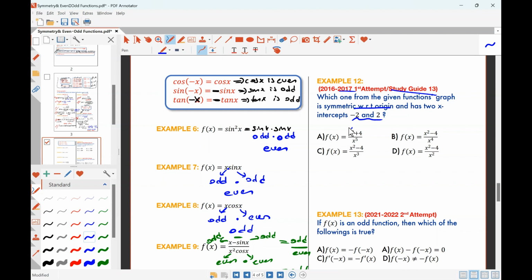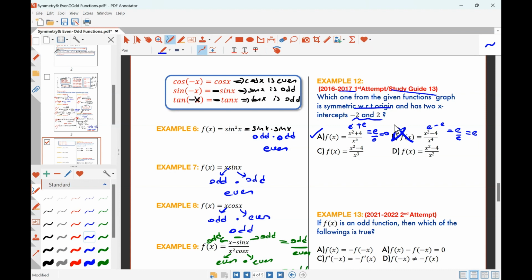x squared is even, 4 is even, even plus even is even. x to the 5 is odd, so even over odd is odd. So this is a possible answer, option A. Option B, x squared is even, 4 is even, even minus even is even, x to the fourth is also even, even divided by even is even. So that's not our answer.